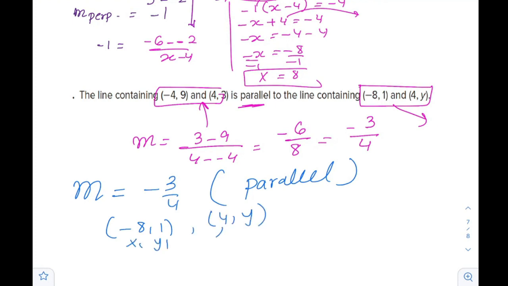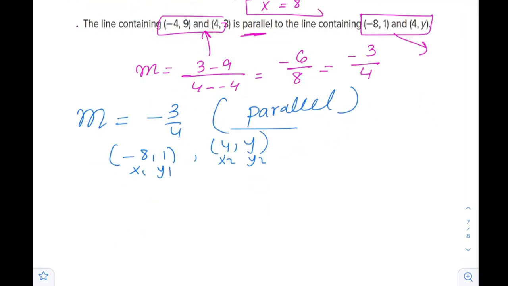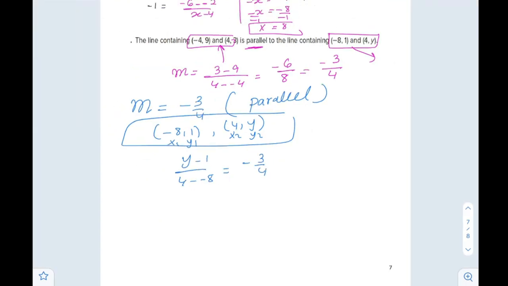I will find the slope of the line passing through these points: y minus 1 over 4 minus 8 should equal my slope, which is parallel to that one. And it is the normal procedure.